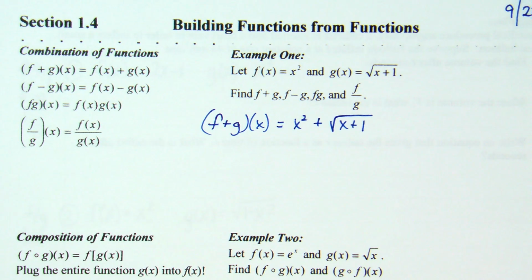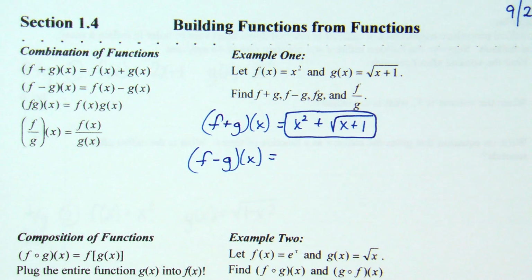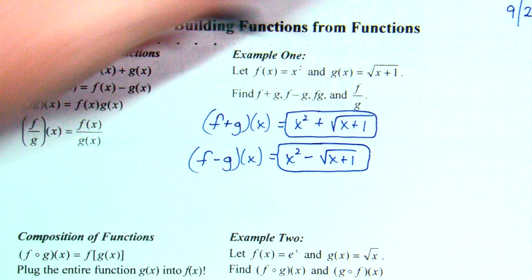Okay, that was f plus g. What about f minus g of x? Sound good? Instead of x squared plus square root of x plus 1, it's going to be x squared minus square root of x plus 1.